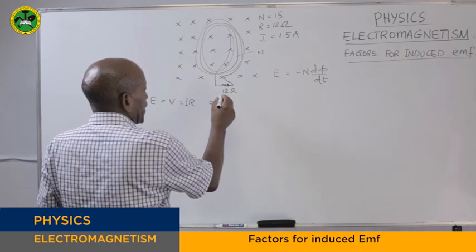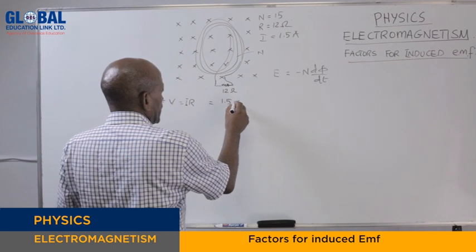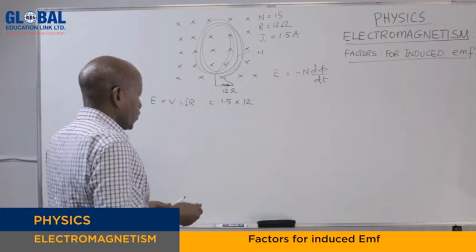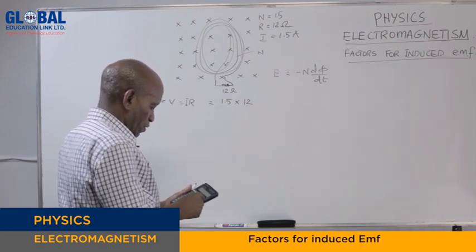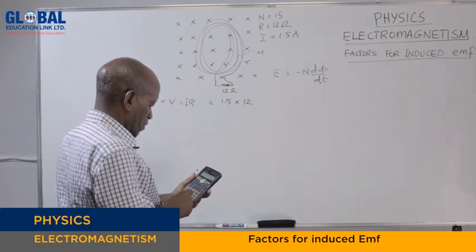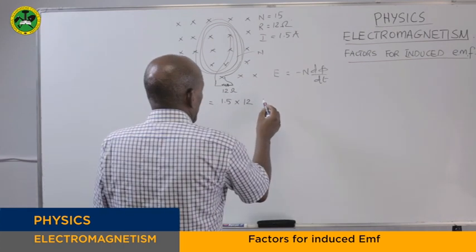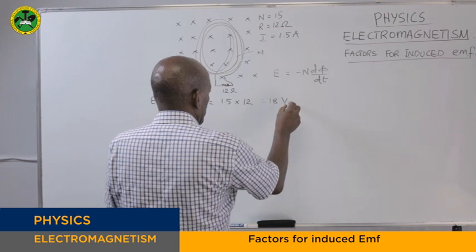The current I is 1.5 ampere and the resistance is 12 ohms. If you calculate, you will get the induced EMF. That is 12 times 1.5, which is equal to 18. So here we are going to get 18 volts.